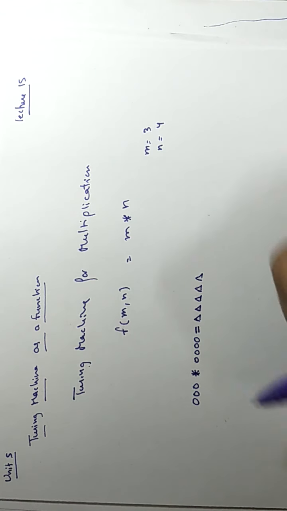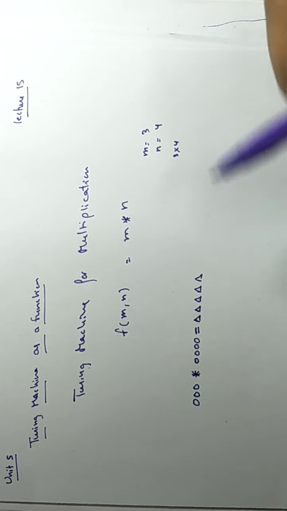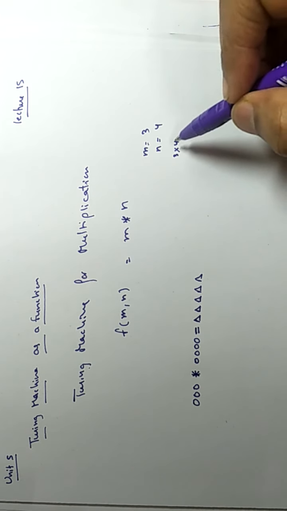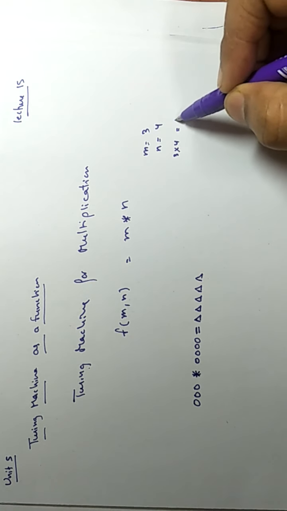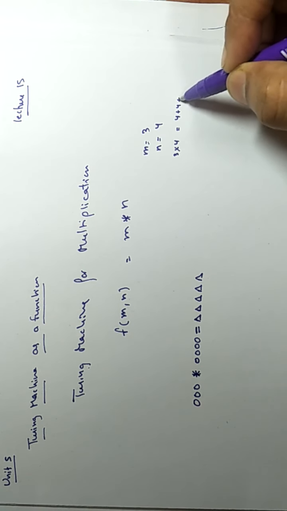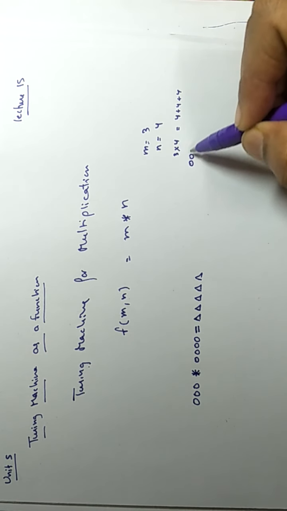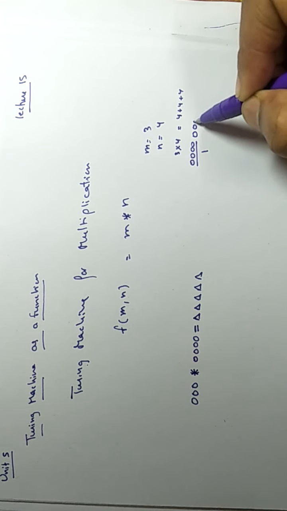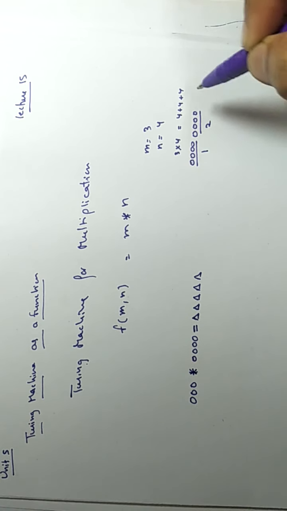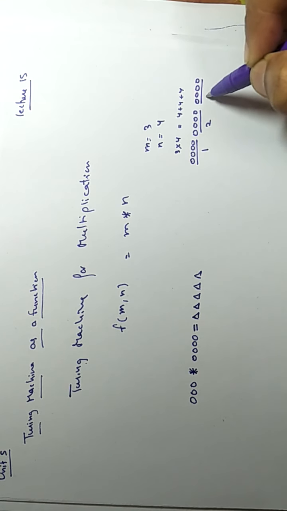Our logic is that if we multiply 3 by 4, it means that we will do it in this manner. We will write these 4 zeros one time, two times, and three times.